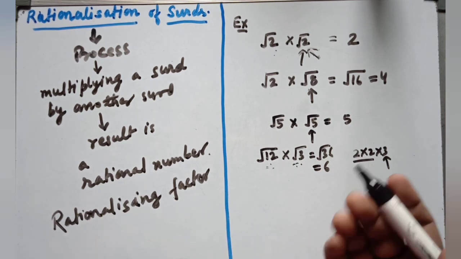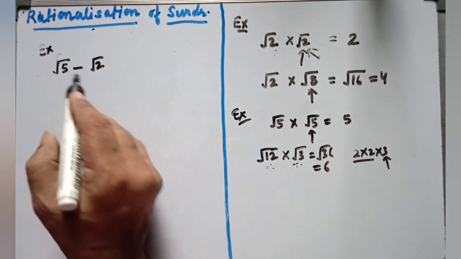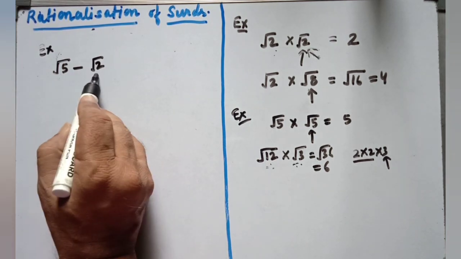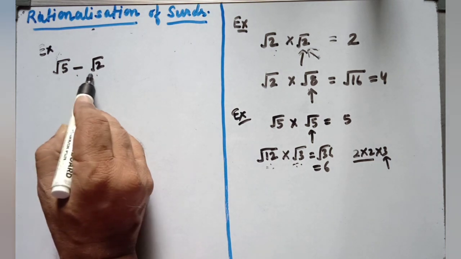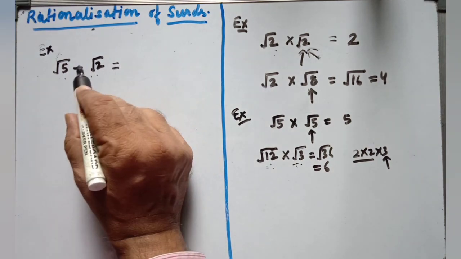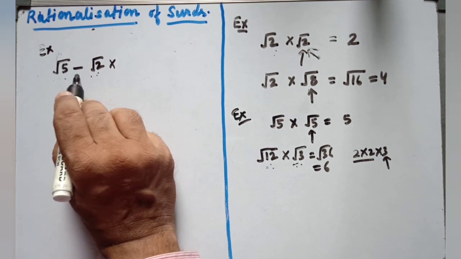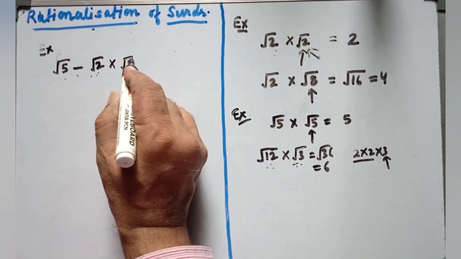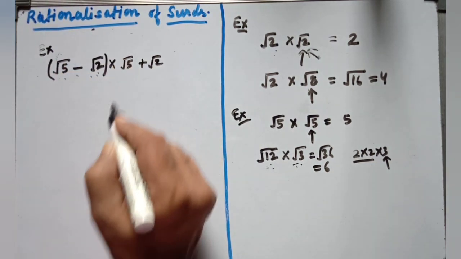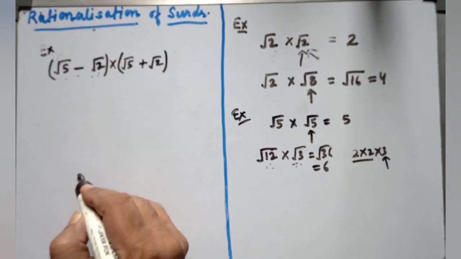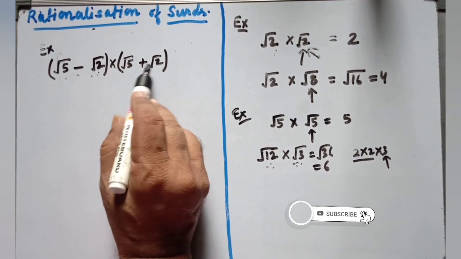Now sometimes we have binomials, like root 5 minus root 2. When it is a binomial, two terms are there with a plus or minus sign in between them. In that case, the rationalizing factor is the same two terms with the opposite sign. So you have to multiply by root 5 plus root 2. This is the given irrational number, and we are multiplying by the same two terms with the opposite sign.